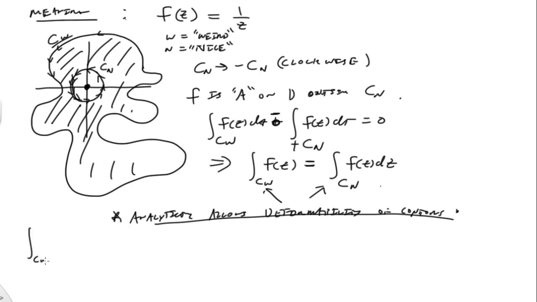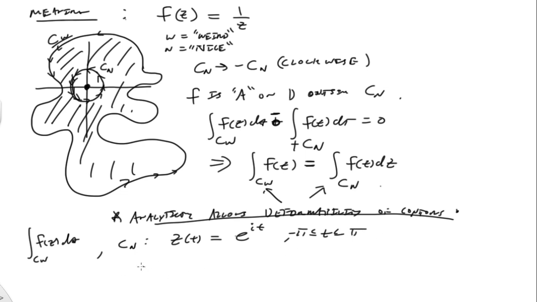So the integral over C_W of f(z). I don't know how to parameterize this contour. It's a pretty ugly one. But I know for C_N, I can write z(t) equal to e^(it), and I can go from negative pi all the way to pi.